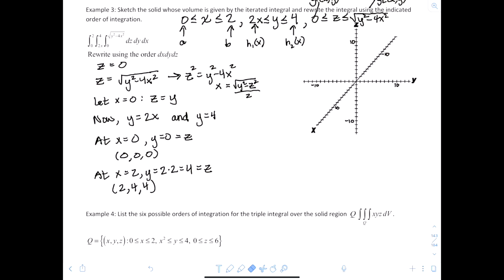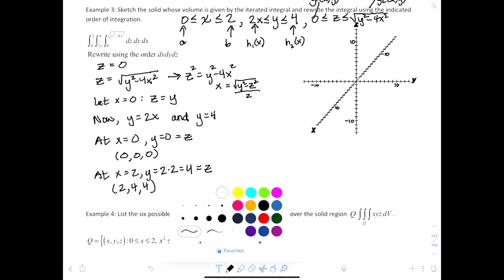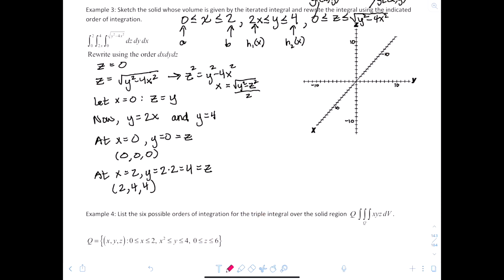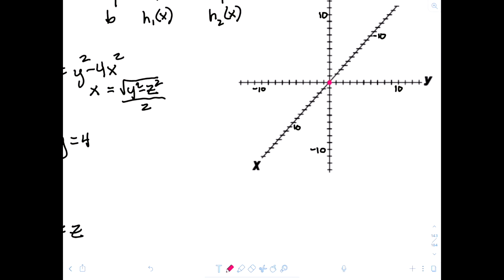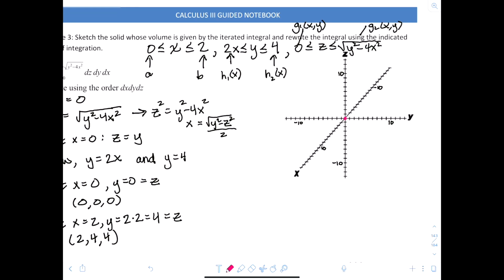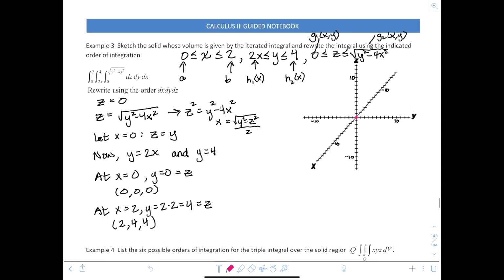So we know we're going to have a point at 0, 0, 0, right? We're also going to have a point when y is 2x. So when x is 2, y is going to be 4, right? So we'll have 2, 4, 0 as another point.